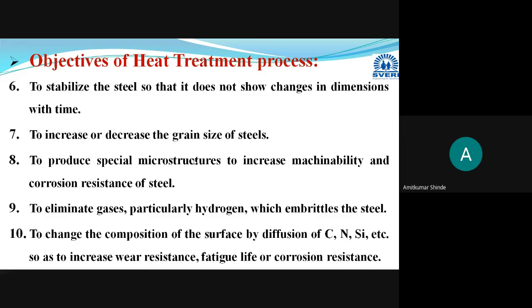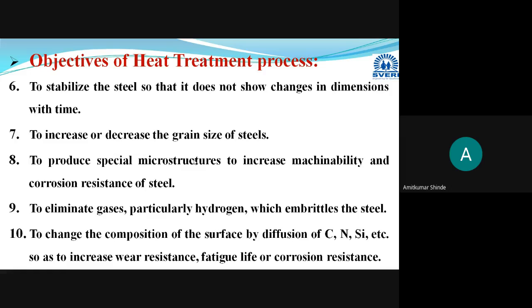Embrittlement means decrease or elimination of the ductility from that material. Ductility will be completely eliminated, so the material transforms into a brittle material, and it will fail even with a light shock, due to the entrapment of gases.